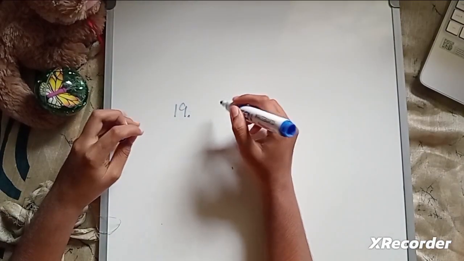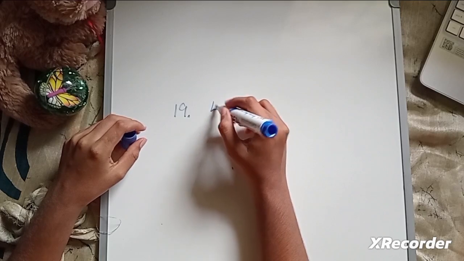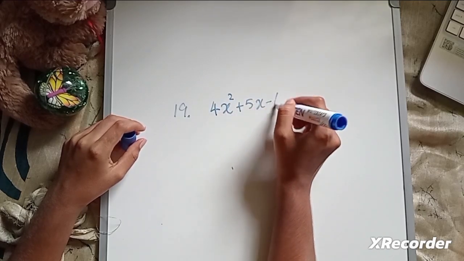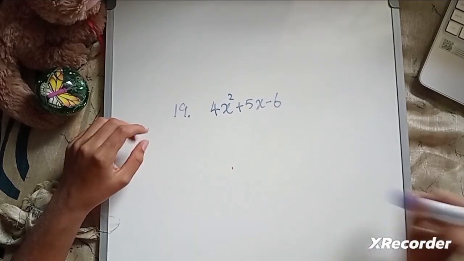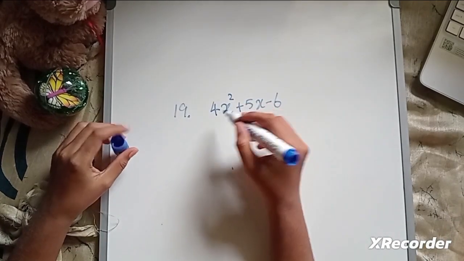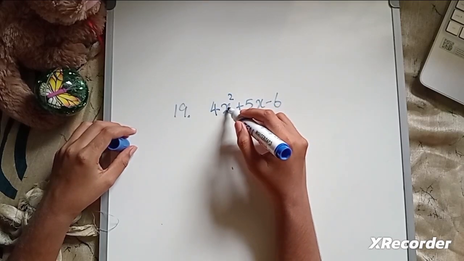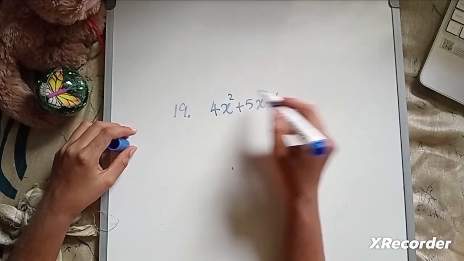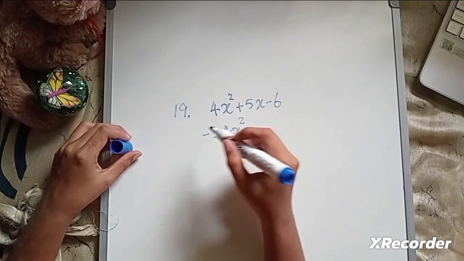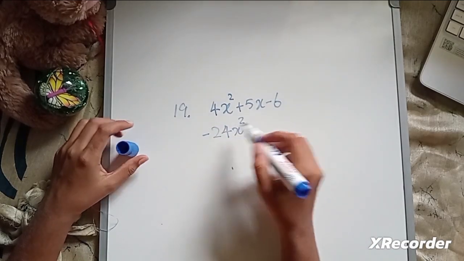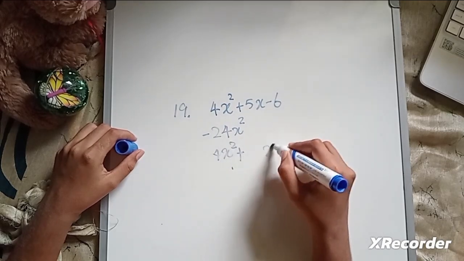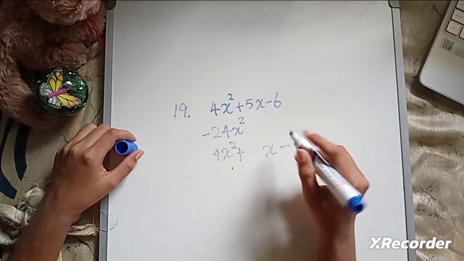Then the 19th question, factorize 4x squared plus 5x minus 6. So to do this, first we have to multiply this 4x squared by 6. So it is minus 24x squared. Then we have to write x terms.